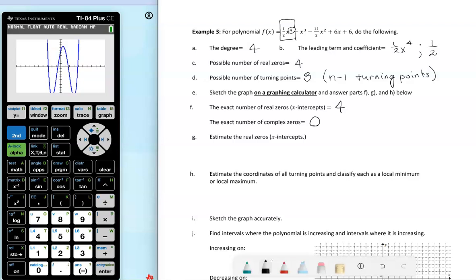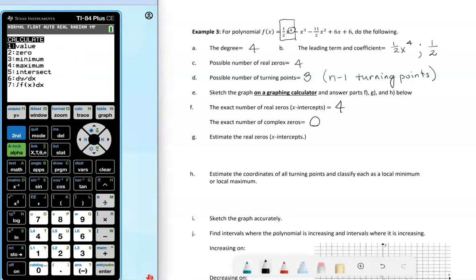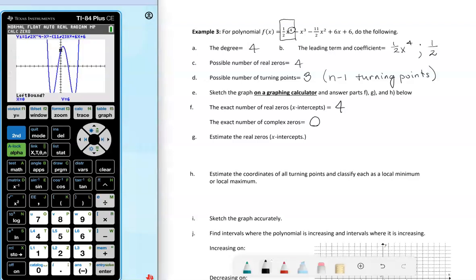To estimate the real zeros, you're going to second trace, number 2, and all of these zeros cross the x-axis, which means that all of them have a multiplicity of 1, because they're odd. And we're just going to have to put our spider as we come in from the left on each of these zeros, where the function changes from positive to negative, or negative to positive.